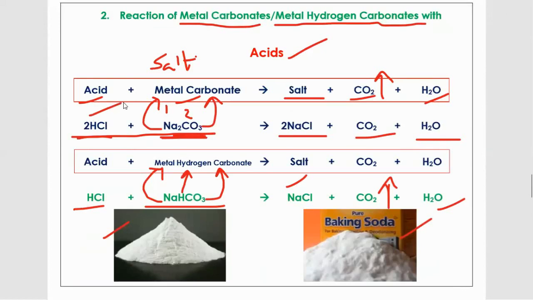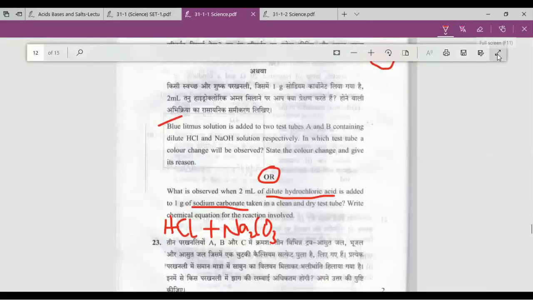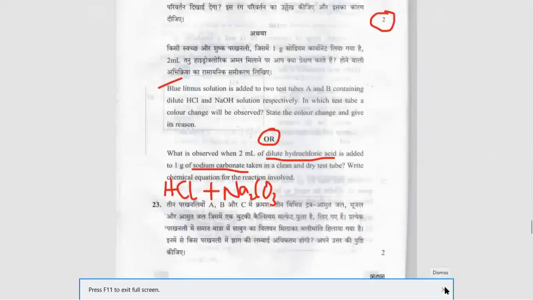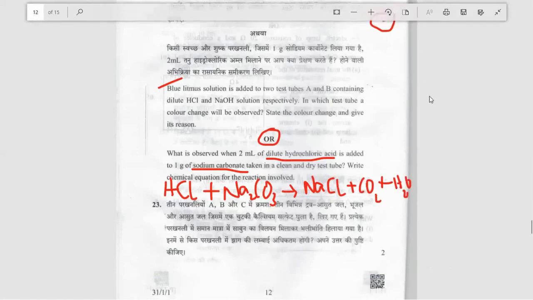So HCl is taken in a test tube, sodium carbonate is taken in a test tube, and we get NaCl, carbon dioxide and H2O. So Na2CO3 plus HCl gives rise to salt NaCl, plus carbon dioxide gas CO2, plus water, and you need to balance this equation. If you balance it, you will get 2 marks.